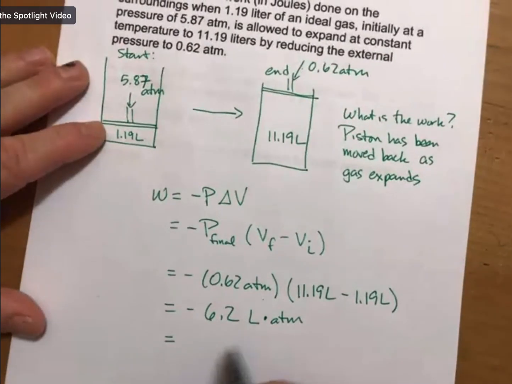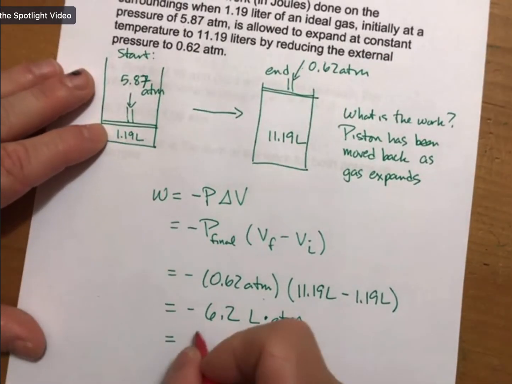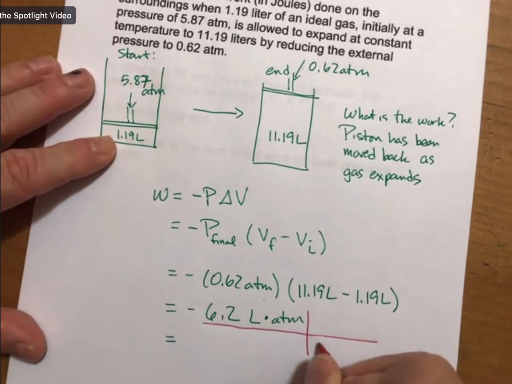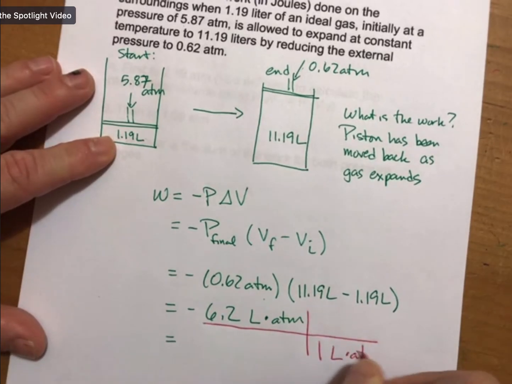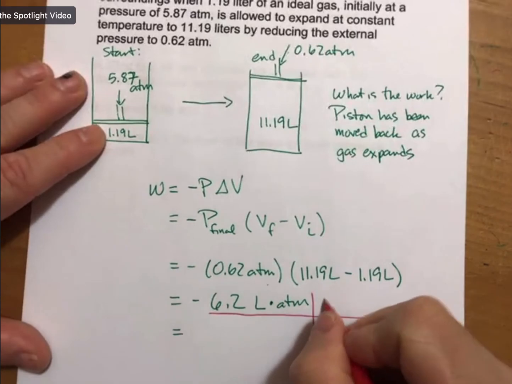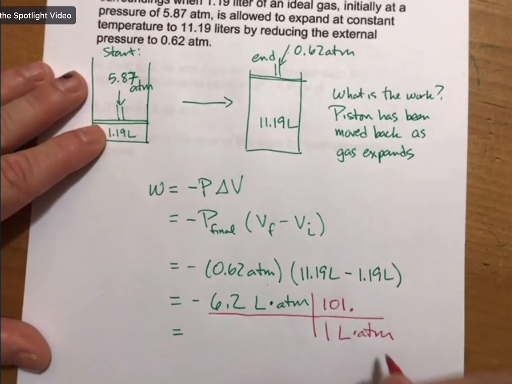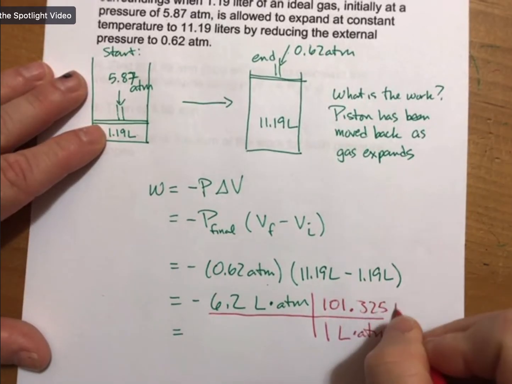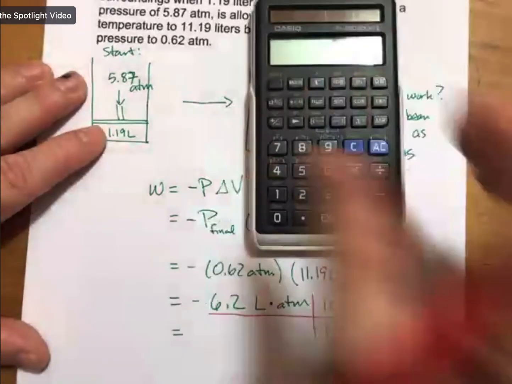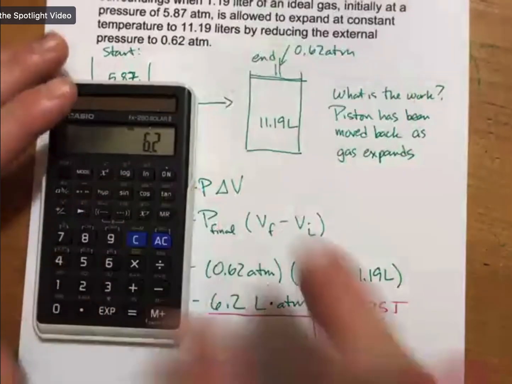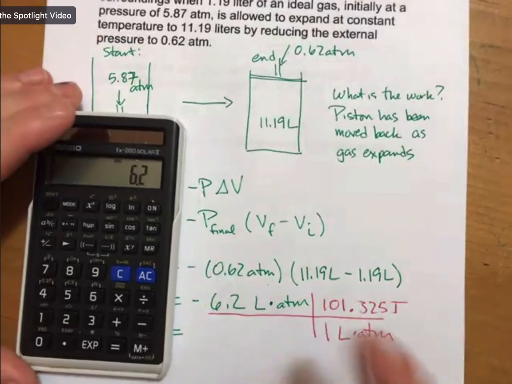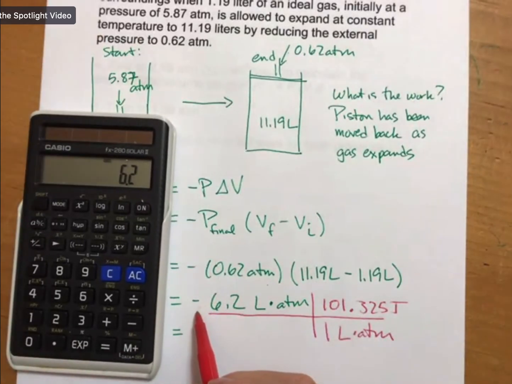So now we will convert liter atmospheres into joules. So 1 liter atmosphere is 101.325 joules. And so 6.2. And mine's positive, but it's negative here for my answer. There we go.